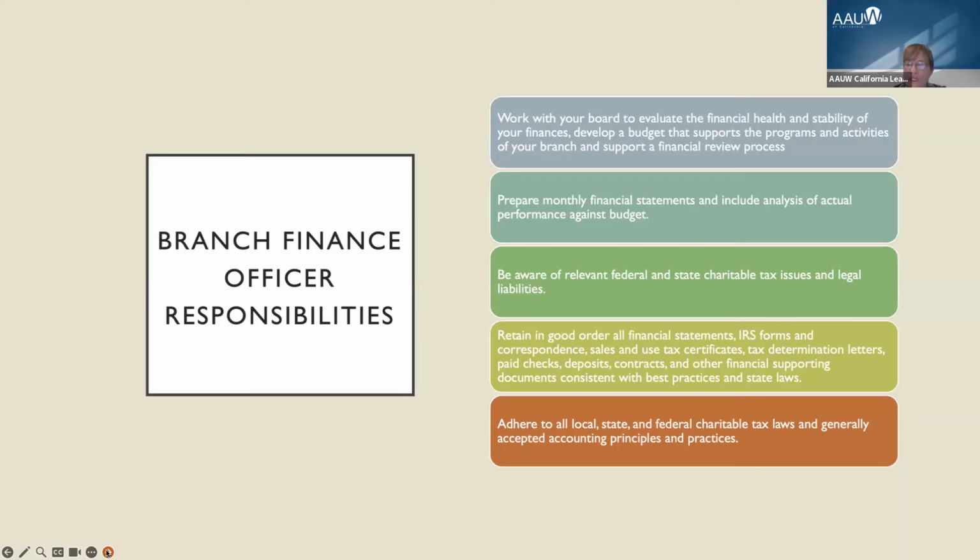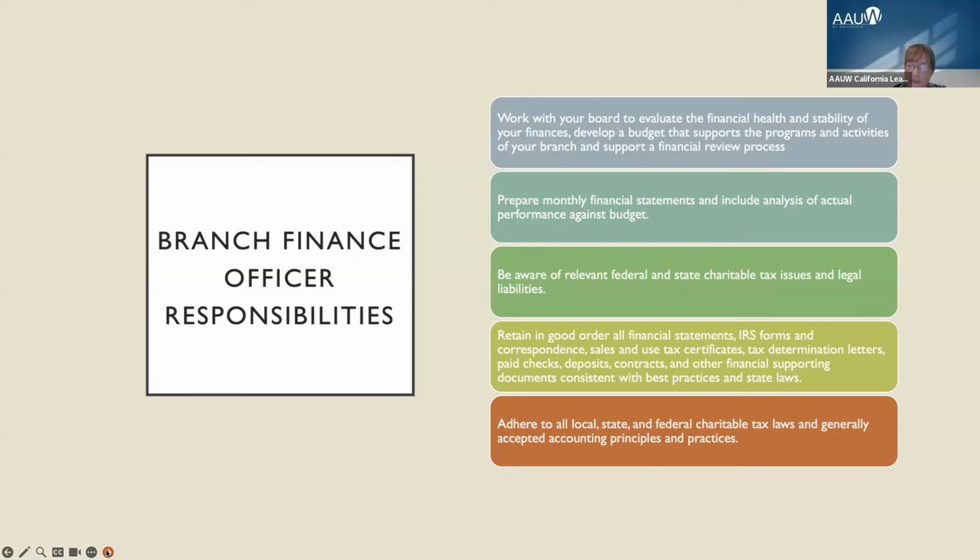This is also key. I call it a permanent file that every branch should have. This is keeping all financial statements, IRS forms, correspondence, any sales and use tax certificates you might have. Tax determination letter should definitely be a permanent file item. You usually get one from the state and one from the feds, and you need to keep that to show the numbers when you're reporting every year.